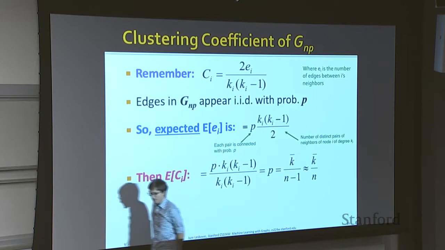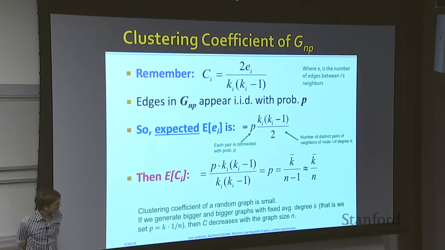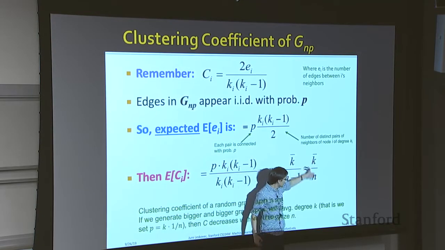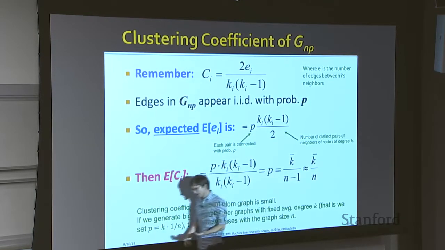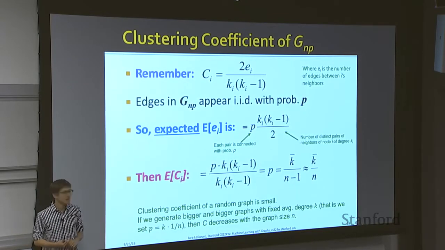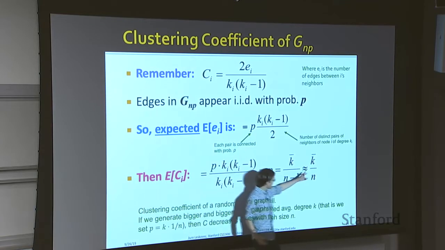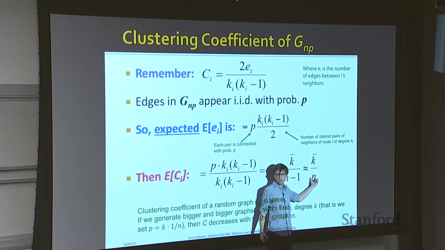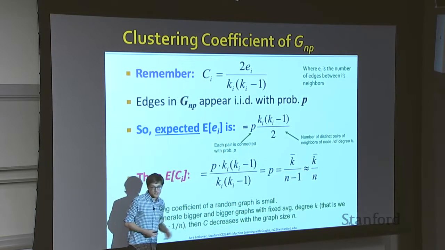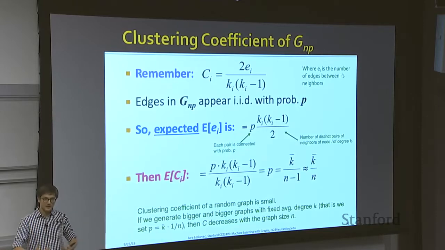That's my expected clustering. One way to think of this is that it will be small. If I keep the average degree constant but generate bigger and bigger graphs, then k bar will be constant but n will get bigger and bigger, so this ratio will get smaller and smaller. This means that if I generate random graphs where every node has constant average degree, the clustering will go to 0.